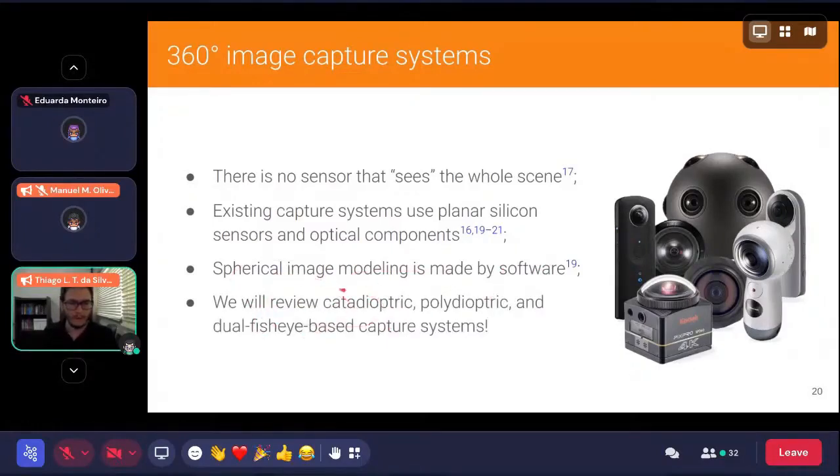We will review some capturing systems that are called catadioptric, polydioptric, and dual fisheye-based devices for acquisition. Here we have some examples, but they are mostly based on this dual fisheye system.